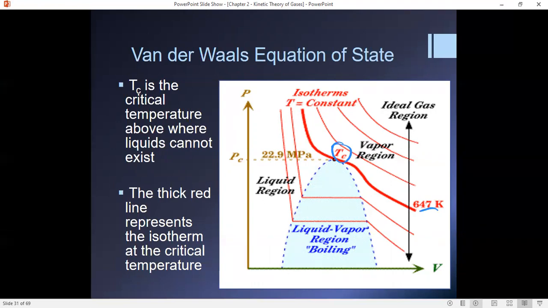Below the critical temperature, we can have a vapor, we can have both phases existing at the same time, or we can completely have a liquid. There's also critical pressure, and again, the critical pressure represents the pressure the gas would have at this critical temperature for a given volume.